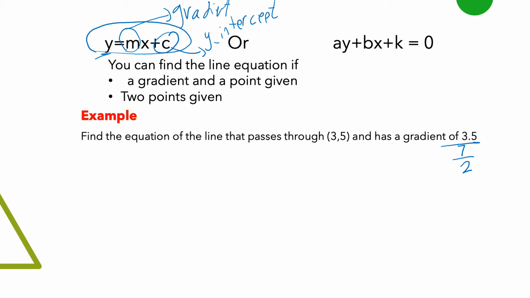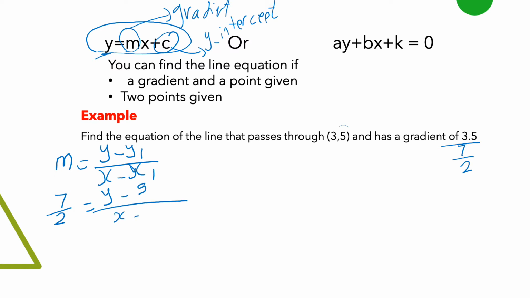To find the line equation, we will use the equation of the gradient, m = (y - y1) / (x - x1). Now we substitute: m is our gradient, 7/2, equal to y, we'll leave it as y, minus y1, which will be the y coordinate of the point given, which is 5, over x minus the x coordinate of the point given, 3. So now we've got an equation.